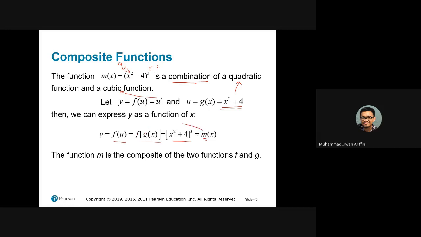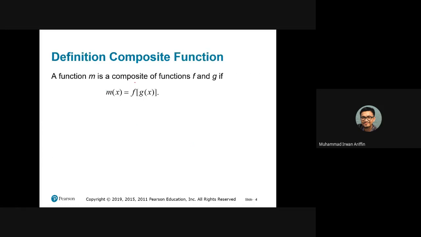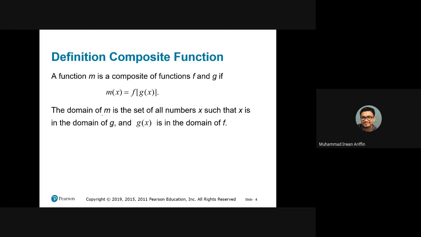So m is a combination of both these functions. When both f and g are combined, we have m of x, a composite function. Why do we need to know this? Because we can apply the chain rule, which will make our effort to find the derivative easier.